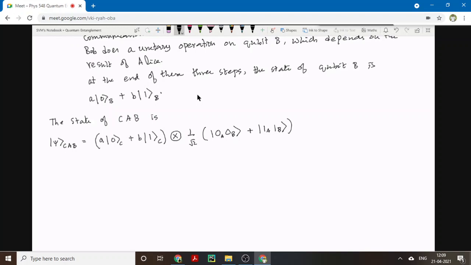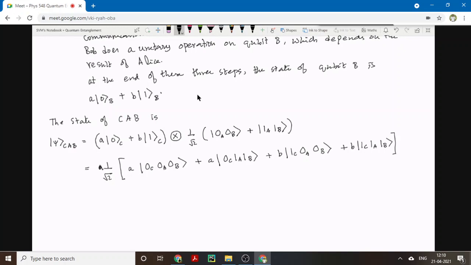So this can be written in the following fashion. Let us write down this 1 by root 2 outside: A 0C 0A 0B plus A 0C 1A 1B plus B 1C 0A 0B plus B 1C 1A 1B.